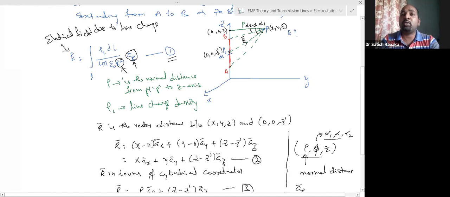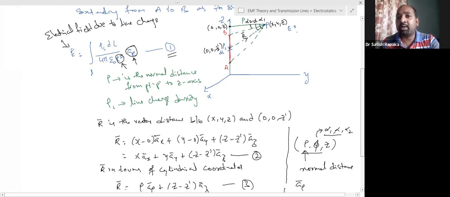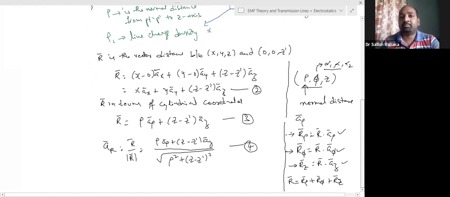That means the point where the electric field is going to be determined is point P, and rho is the normal distance. And if you try to calculate the distance R bar, this is how you will get it.